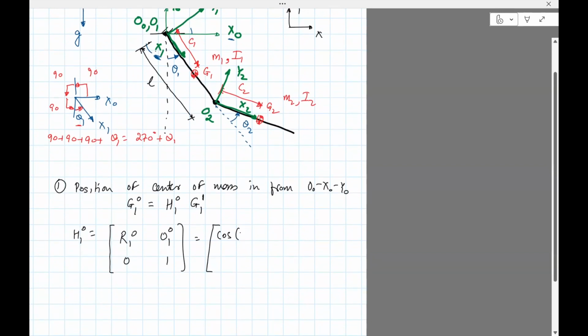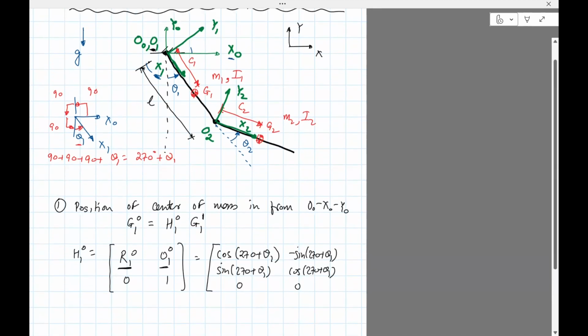So that's my angle, which I put down in this equation for H10. So cosine of 270 plus theta 1, minus sine 270 plus theta 1, sine 270 plus theta 1, cosine 270 plus theta 1, 0, 0. And then that would be R10. O10 is the position of the origin of frame 1 with respect to frame 0.